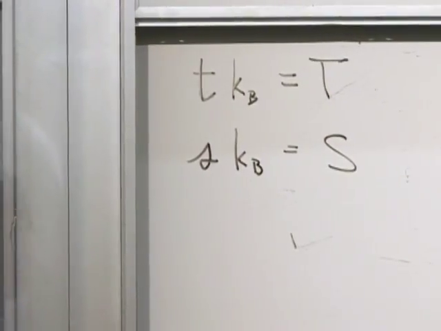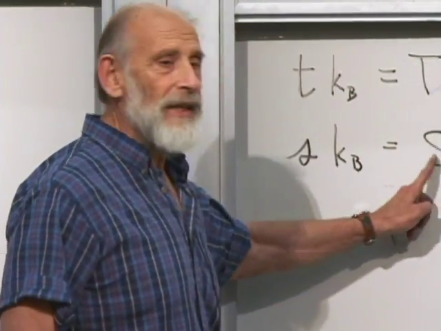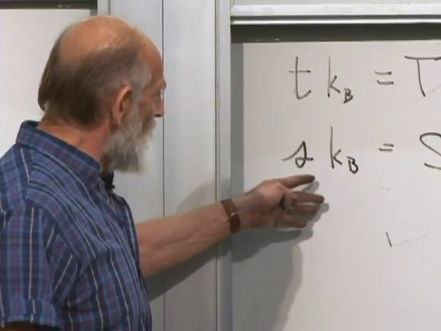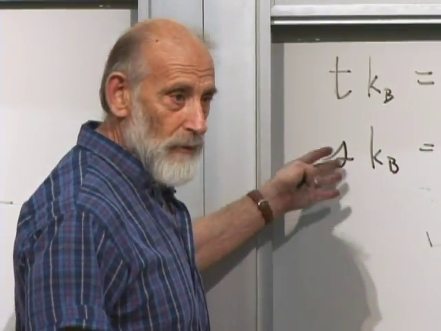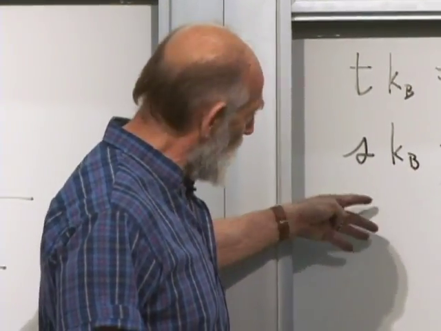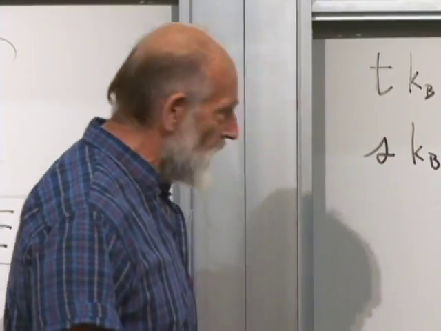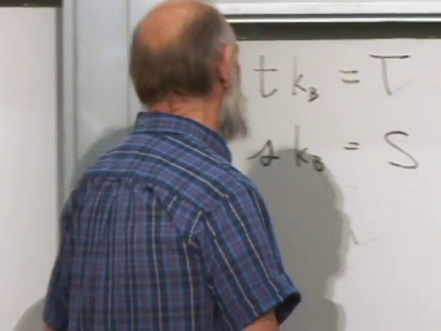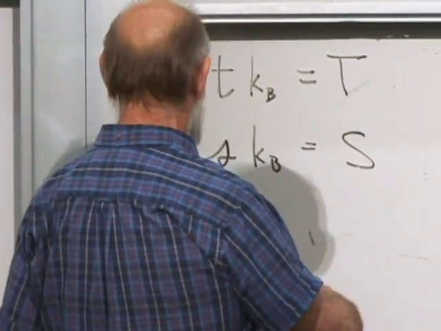No decent information theoretic physicist would ever define anything except this, except if you're trying to compare things to a definition of entropy which was in some ancient textbook. Then you would put a K Boltzmann. Notice that K Boltzmann will cancel out, let's see, do I have this right? Do I have this upside down? KT is what I call temperature.